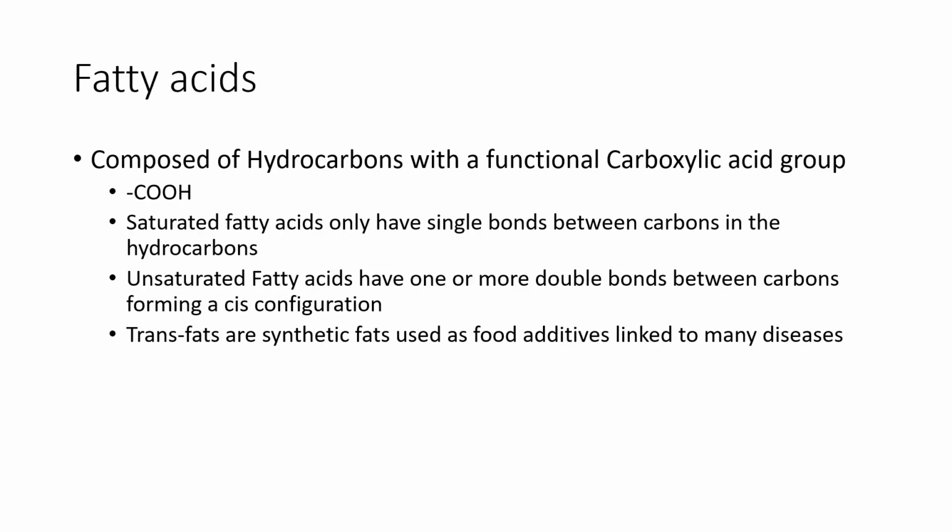Now, I mentioned hydrocarbons, but I want to get a little more specific to a special one called fatty acids. Fatty acids are hydrocarbons with a functional group called a carboxylic acid. Usually the carboxylic acid will have a carbon with a double bond with an oxygen, and you'll have another bond to an oxygen and a hydrogen, called a hydroxyl group.